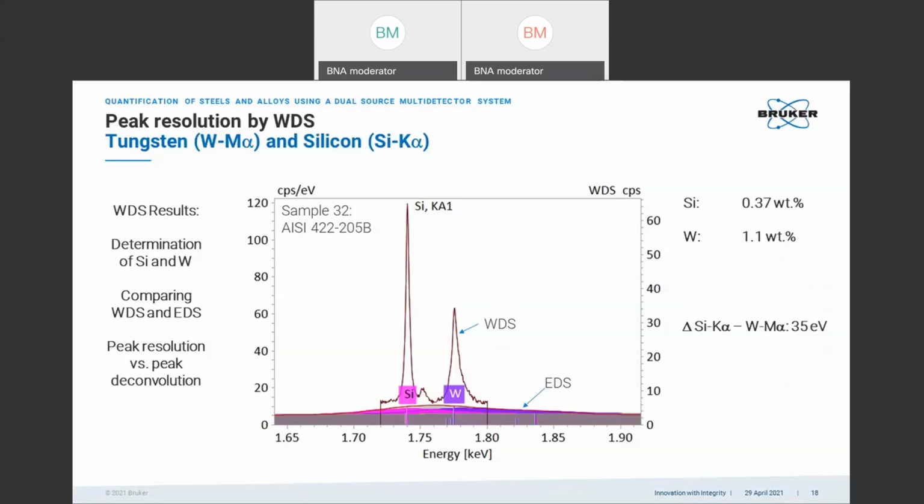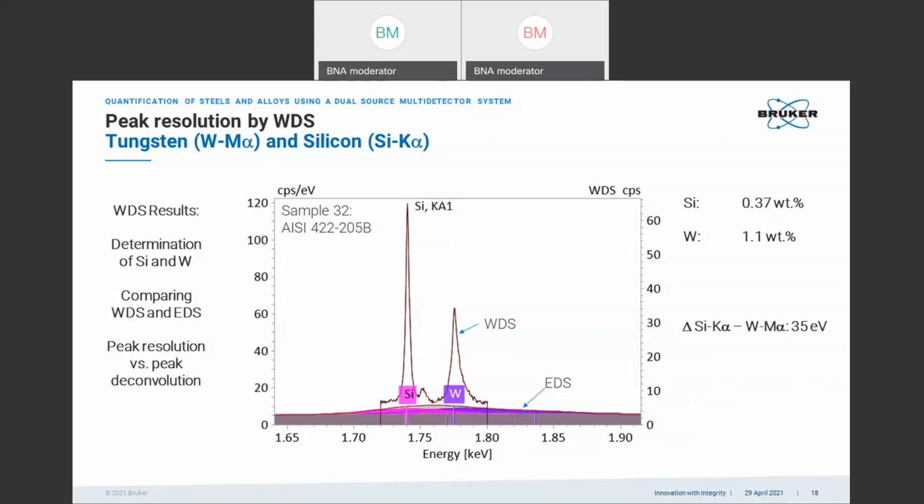So why could determination of silicon be somewhat tricky? Why is it a challenge? This is because there could be an overlap with the tungsten. Silicon K alpha is very close to the tungsten M lines. In fact, the difference between the two line positions is just 35 electron volts, and that's too close for EDS resolution.